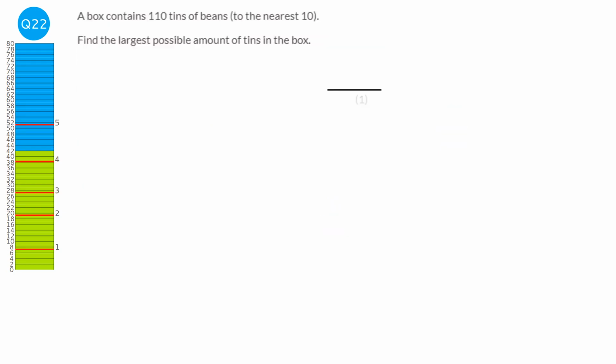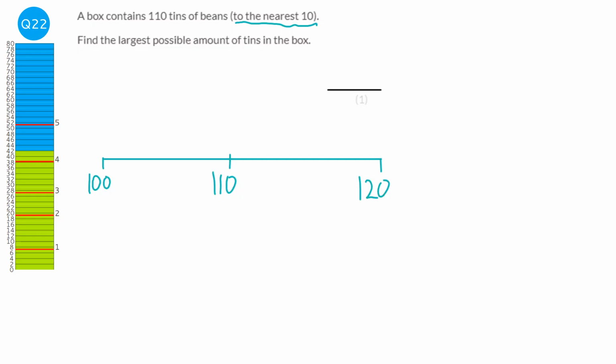If I start by drawing a number line, we're going to put the 110 in the middle. Now I'm going to label the next one down and the next one up. It says to the nearest 10, so the next one down would be 100, and the next one up would be 120. Now we're interested in the cutoff, and the cutoff point is between the 2 numbers.